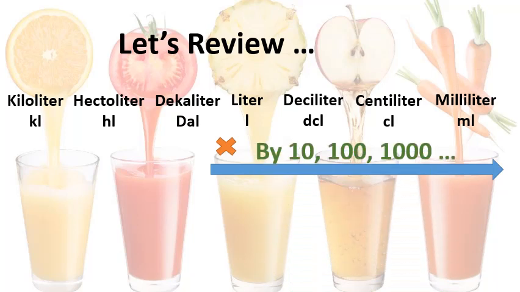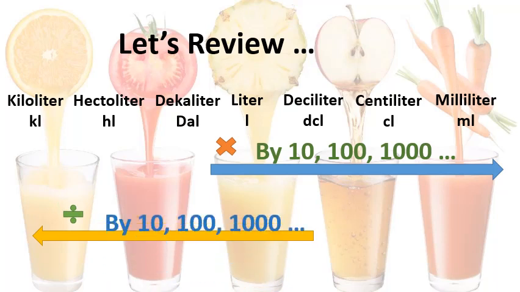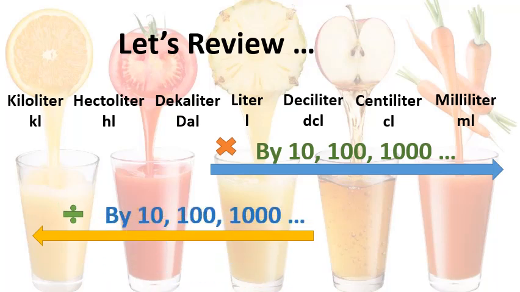Multiply by what? We're going to multiply by 10, 100, 1,000, and so on. While as we are moving to the left of this table, we're going to divide. Divide by what? We're going to divide by 10, 100, 1,000, and so on.